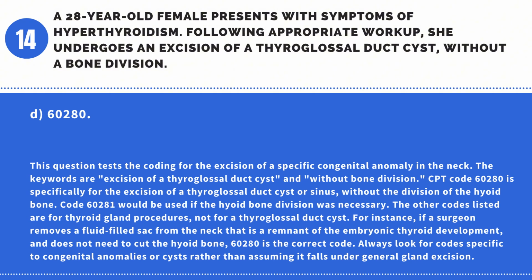The other codes listed are for thyroid gland procedures, not for a thyroglossal duct cyst. For instance, if a surgeon removes a fluid-filled sac from the neck that is a remnant of the embryonic thyroid development, and does not need to cut the hyoid bone, 60280 is the correct code. Always look for codes specific to congenital anomalies or cysts rather than assuming it falls under general gland excision.